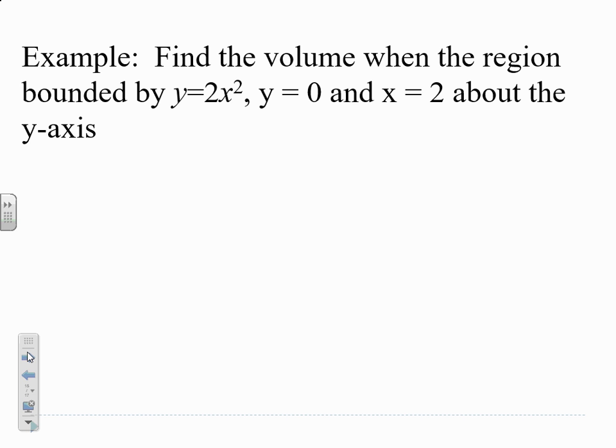So the first thing we need is a graph. Y equals 2x squared, that's just a parabola that's stretched out a little bit. And then y equals 0 is the x-axis, and x equals 2 would give us that shape right there.